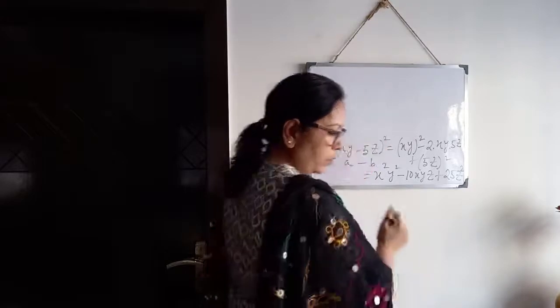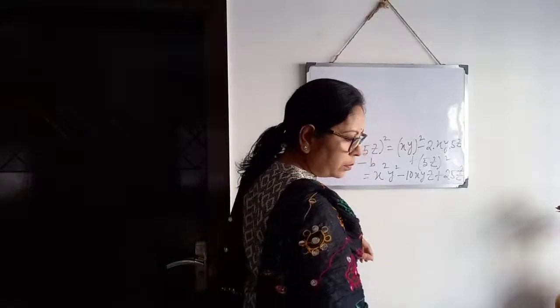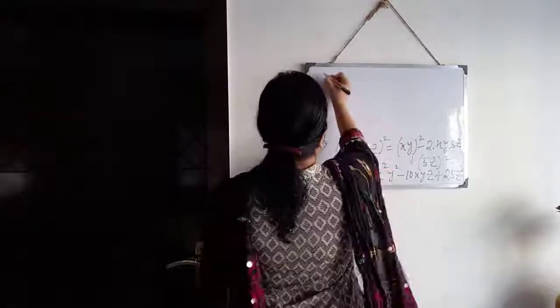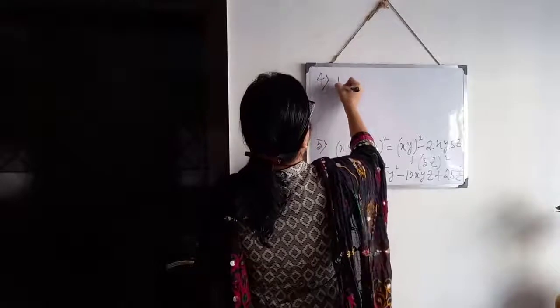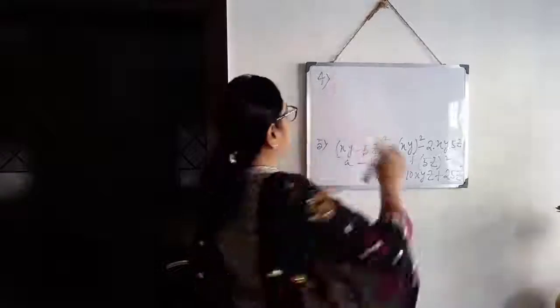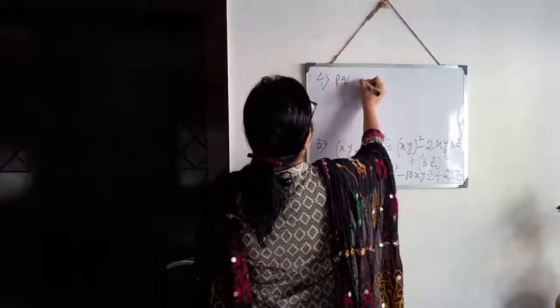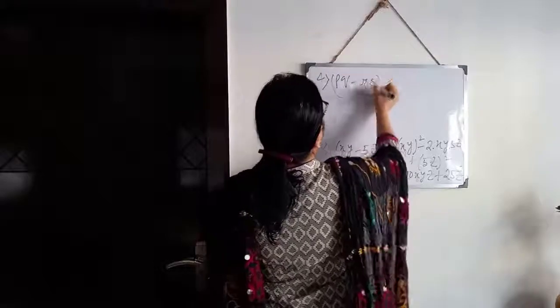Another negative one. This is sum number 5. (pq minus rs) whole square.